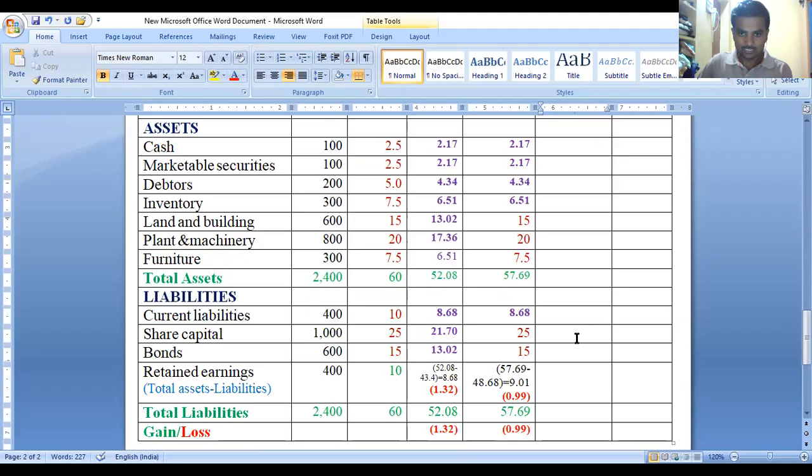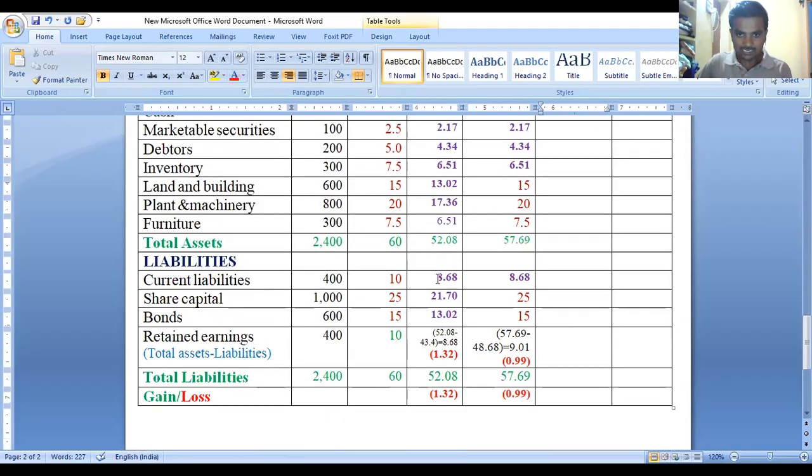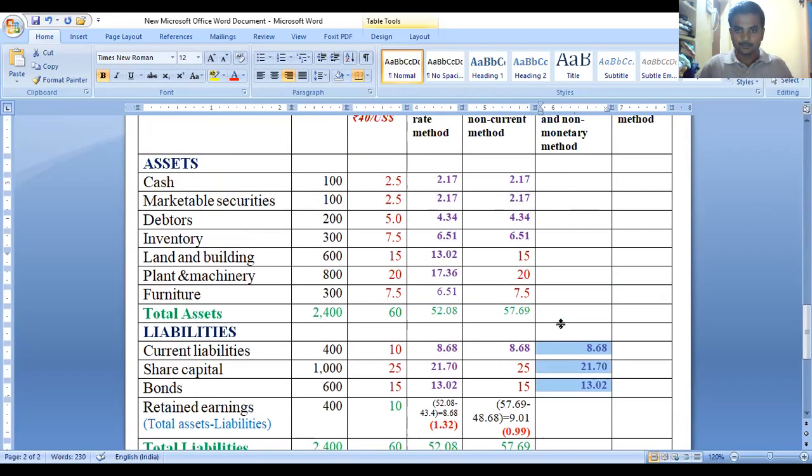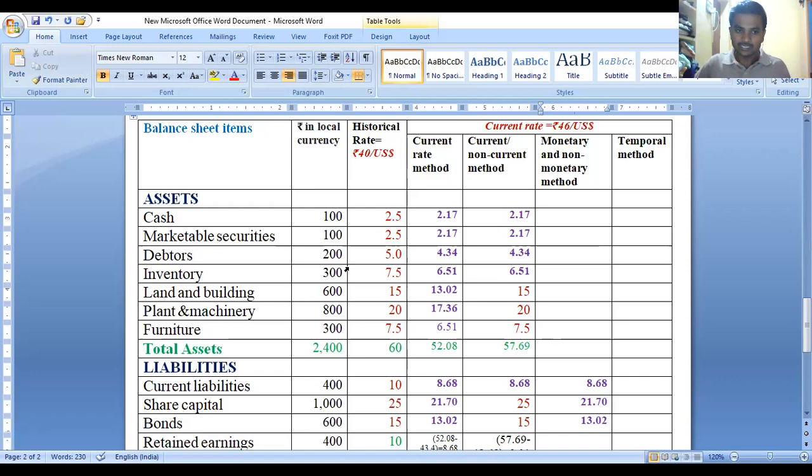All the liabilities should be converted at the current rate, and all the current assets should be converted at the current rate except inventory.